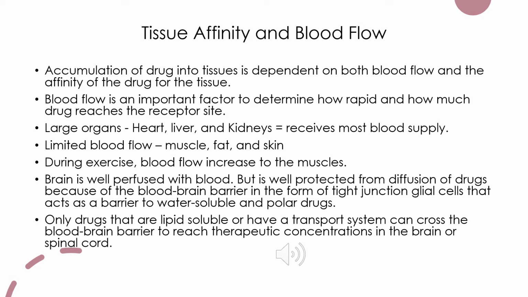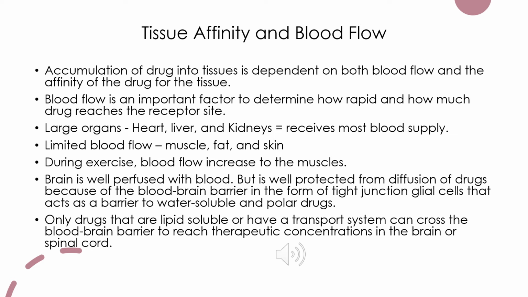Blood flow is an important factor in determining how rapid and how much drug reaches the receptor site. Large organs that receive the most blood supply are the heart, liver, and kidneys.